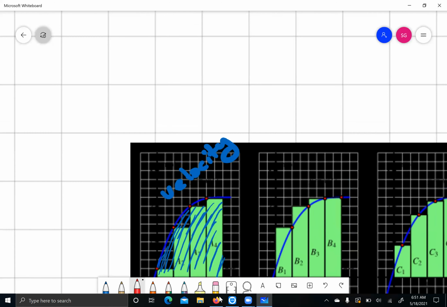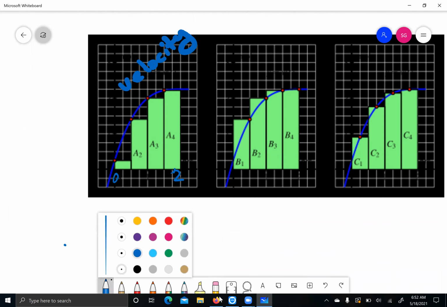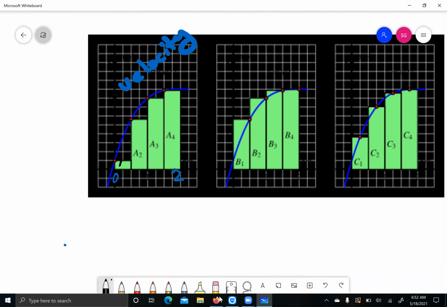One way to estimate this area is by using these 4 rectangles. Look here, we have 4 rectangles, and we call them A1, A2, A3, and A4. Because we know how to calculate the area of a rectangle, we can calculate A1, A2, A3, and A4, and then add them all together.